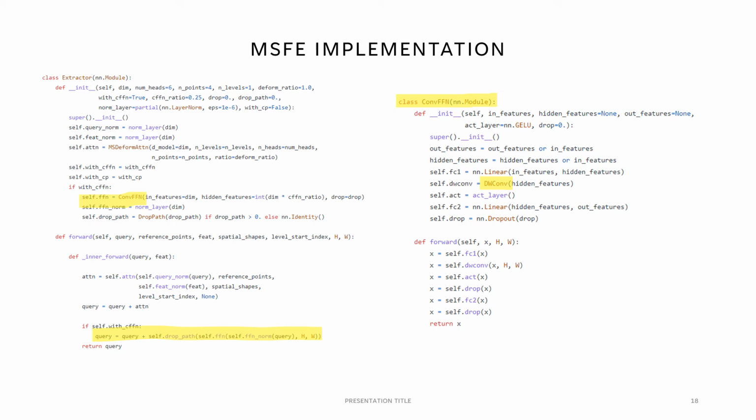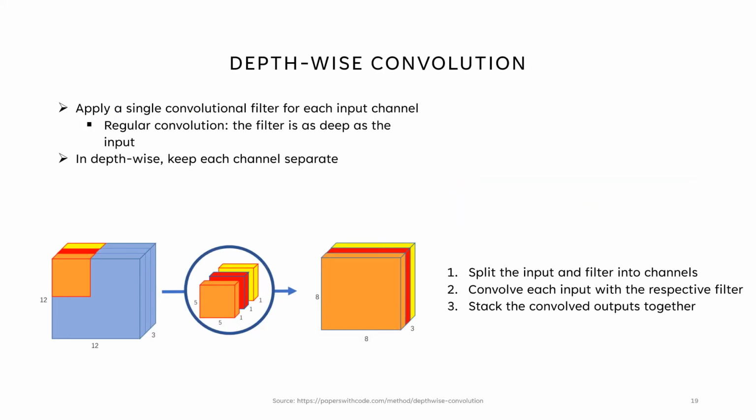First, a linear transformation is performed, then the depth-wise convolution. The GELU activation layer is applied, and then another linear transformation and dropout. These features are the input for the next feature interaction.